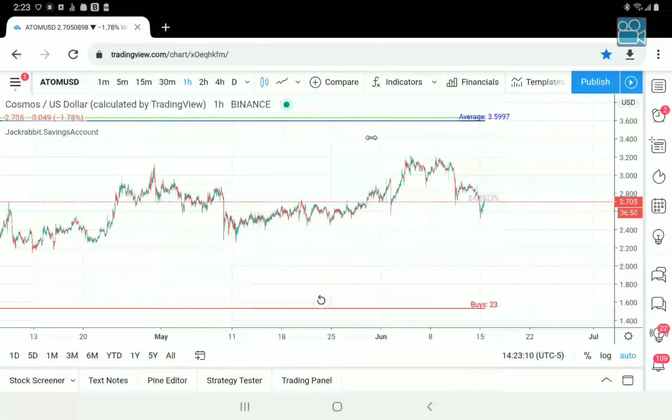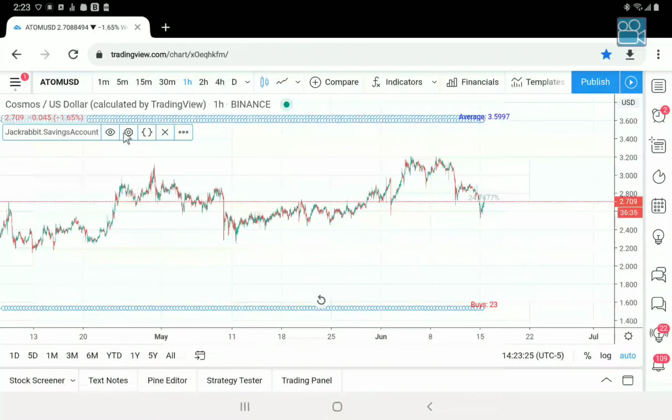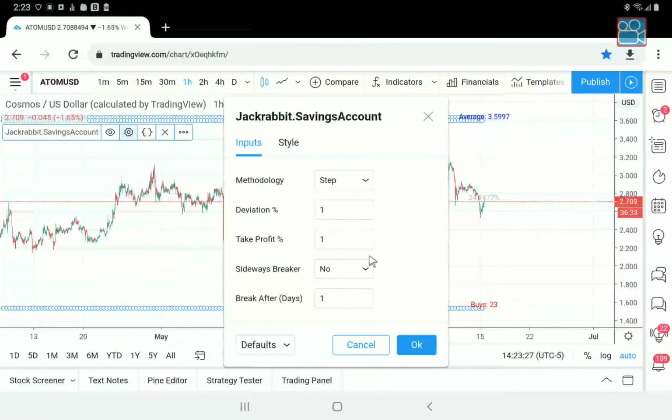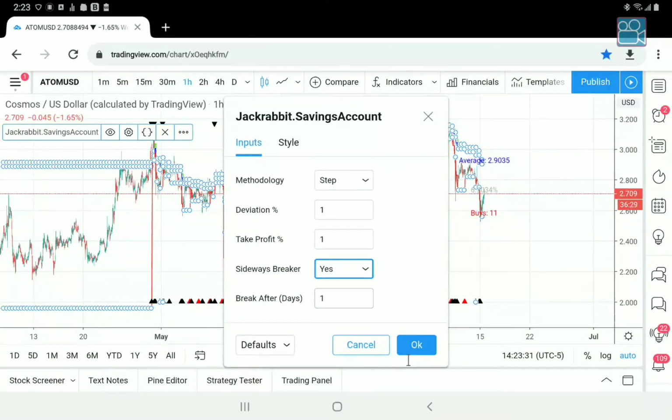ATOM. ATOM is still stuck in a rut. The only reason why I'm trading it is I like the coin. Is it my smartest decision? Probably not. But I like it. I like what the coin represents.